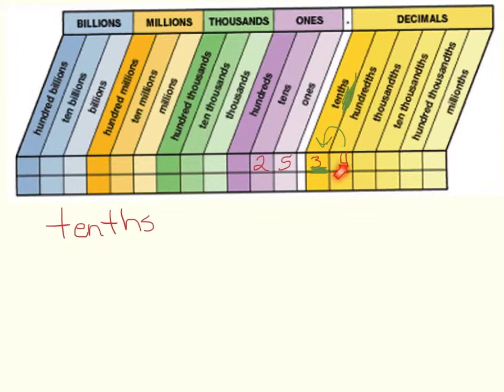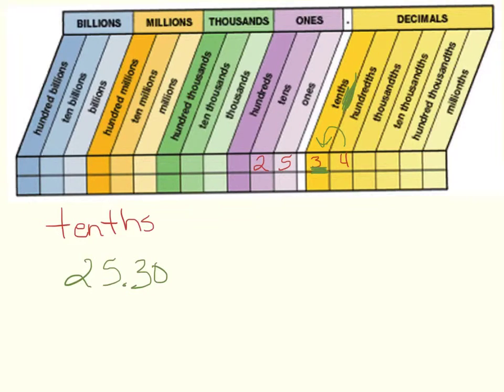That 4 is 4 or less, so our 3 will rest. Just like a while ago when we were over in these big numbers, everything in front stays the same. We do something with the 3, everything behind it turns to zeros. So that would be 25 and 0.3 or 30 hundredths. Either one is the same.